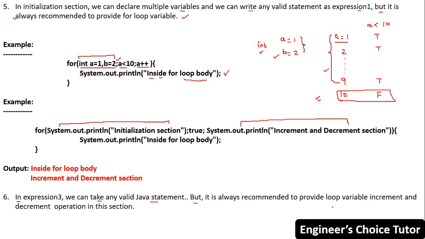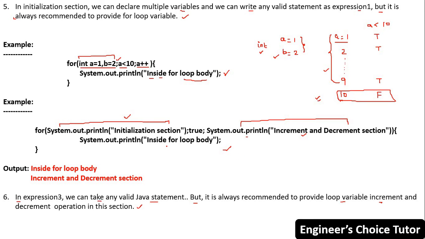But it is always recommended to provide the loop variable increment and decrement operation in this section. If you write something else it is fine, but it is not making any sense. Just for the rule's sake, I'm explaining these things.